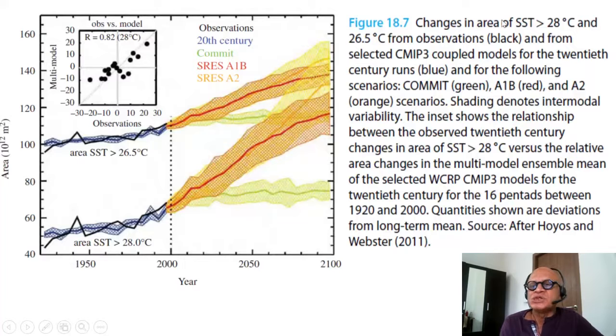So this is changes in the area of SST greater than 28 degrees centigrade and 26.5 degrees centigrade from observations and from models. So you are showing 26.5 here and 28 over here, and this one increases much more than this one. Already this is a larger area, of course, so the warmer area gets larger.